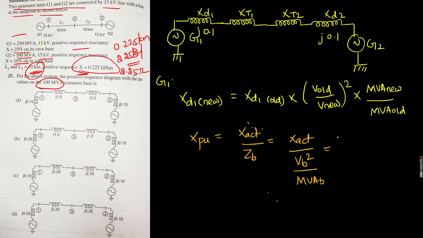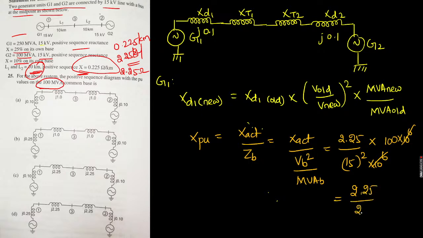So we can directly take actual reactance 2.25 divided by 15 square into 10 power 3 square, that is 15 kV whole square, which becomes 15 square into 10 power 6, into MVA base. The numerator will be 100 into 10 power 6. Anyway 10 power 6 and 10 power 6 get cancelled out. Reduce this: 2.25 divided by 15 square, which is 225, into 100.